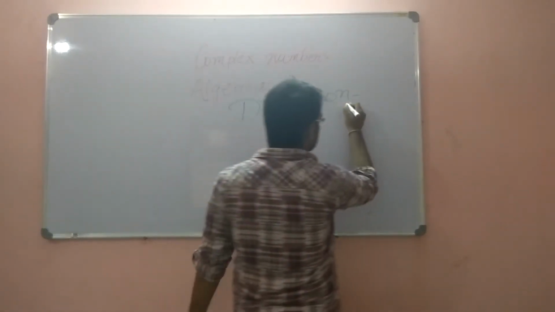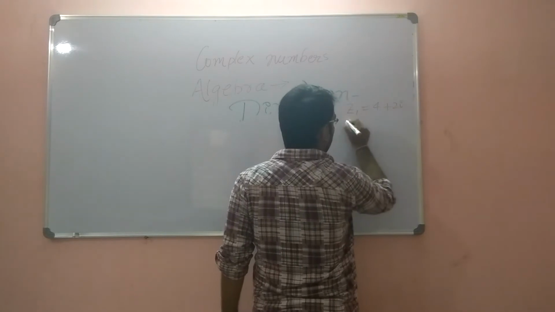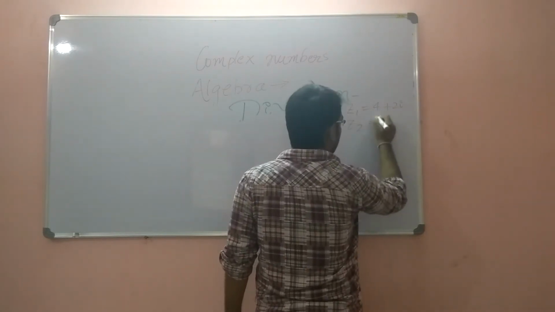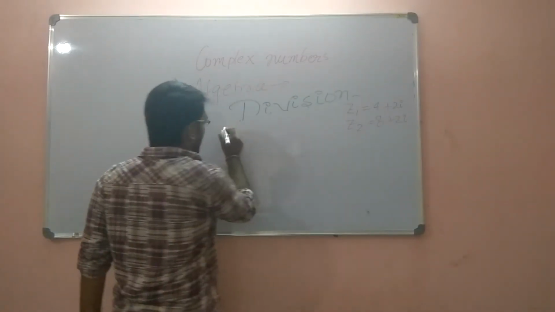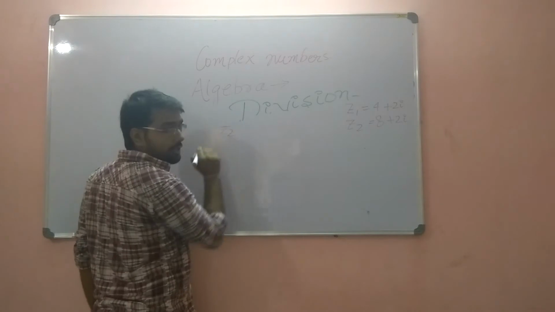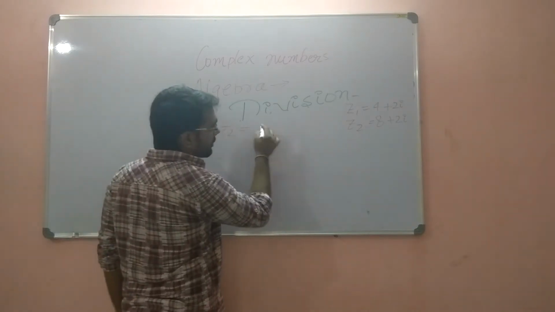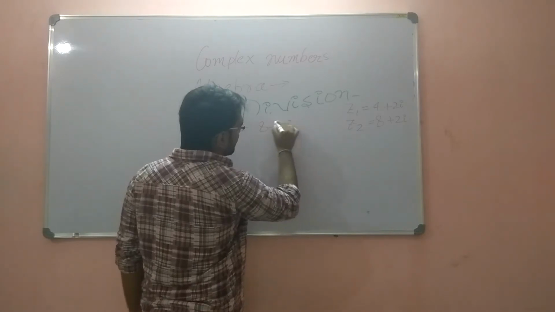So z1 was 4 plus 2 iota and z2 was 8 plus 2 iota. Now the conjugate of z2 will be 8 minus 2 iota.